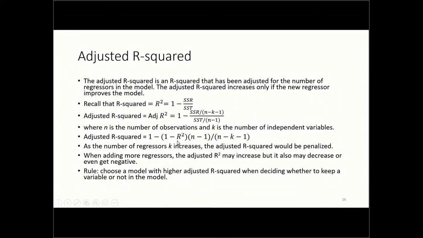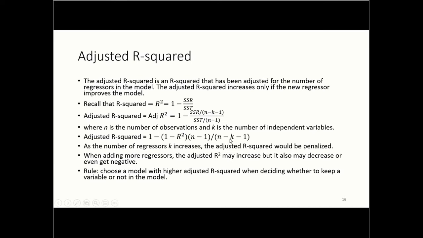So this would be the relationship, noticing that this expression here is exactly the 1 minus R squared. So that is the relationship between the adjusted R squared and R squared. As the number of regressors k increases, the adjusted R squared would be penalized.